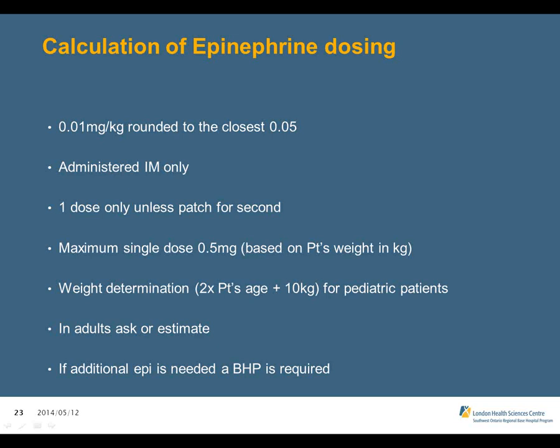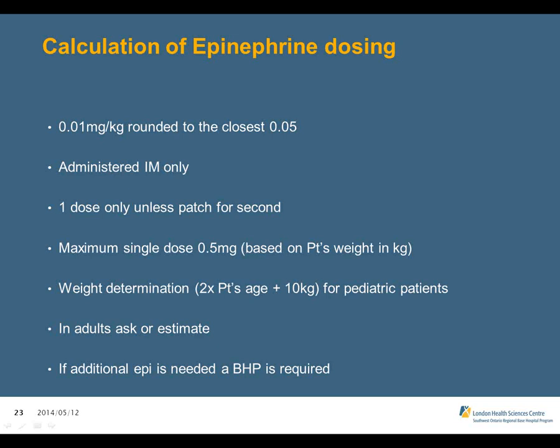Reasons for patching in for a second dose would be long transport times, where the patient is beginning to deteriorate after their first dose, or a patient who you give the IM dose, symptoms improve, and then they start coming back again. That would be an indication to patch for a second dose of IM epinephrine.